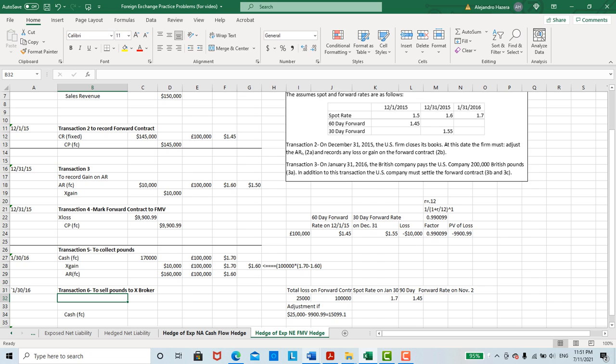So we're going to have contract payable and currency. And we're going to have an exchange loss in this case. The cash that we give up, I don't even have to tell you, it's the opposite.